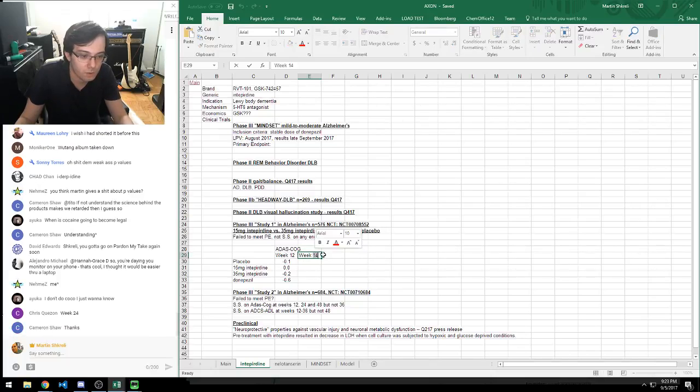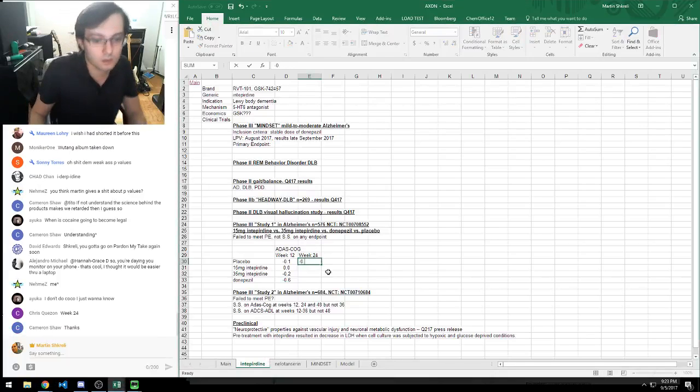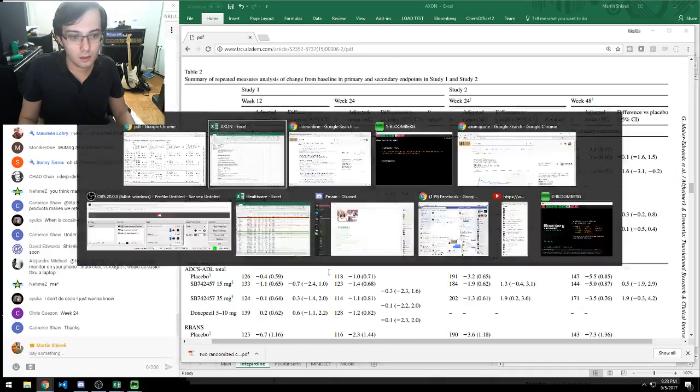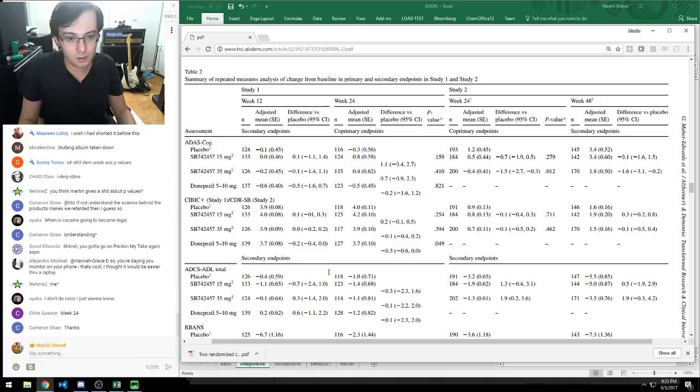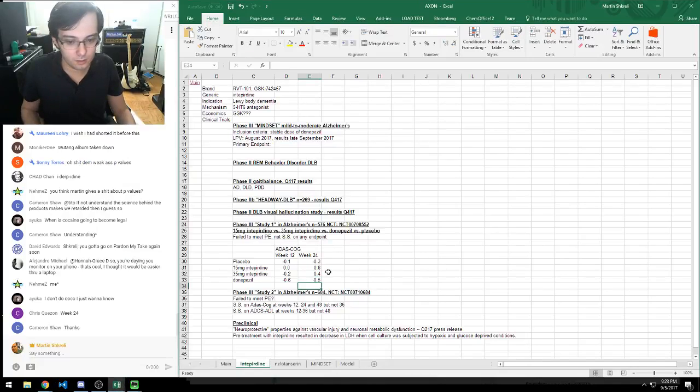And week 24, placebo is declining, 15 mg getting better, intepirdine's getting better, or getting worse, and donepezil is getting better, is the right way to interpret it.